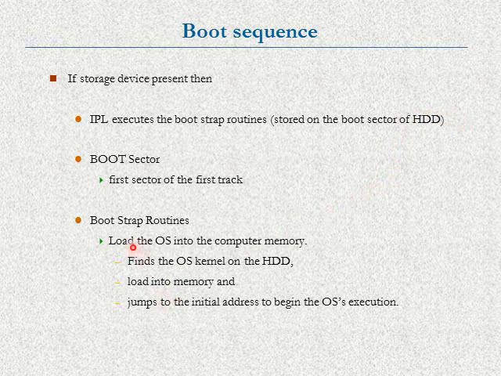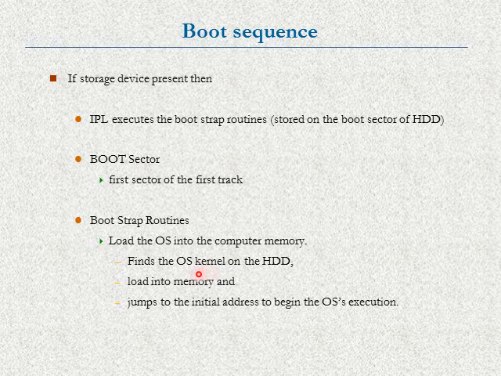So it has these basic functionalities. First of all, it finds the operating system kernel. I hope you remember from the previous lecture that kernel is the minimum part of the operating system that has to be resident all the time in the RAM while the machine is switched on.